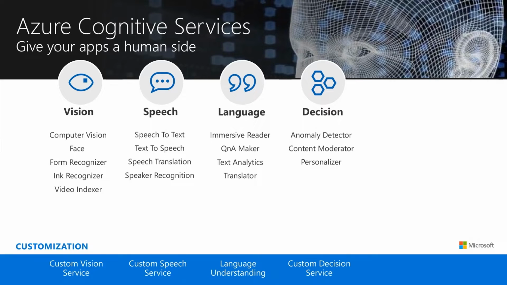So there is vision, there is speech, there is language, and there is decision. Whenever you want to use AI models, but do not want to start from scratch, like training the model and having a data set, that's when you can use cognitive services. It's basically pre-built AI models which you can use easily. It takes less than a minute to get started. Just send your data and get a response back.